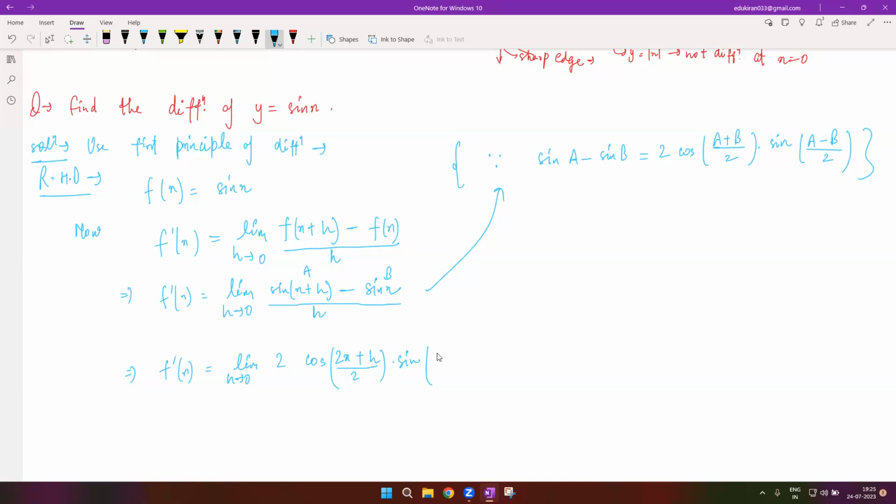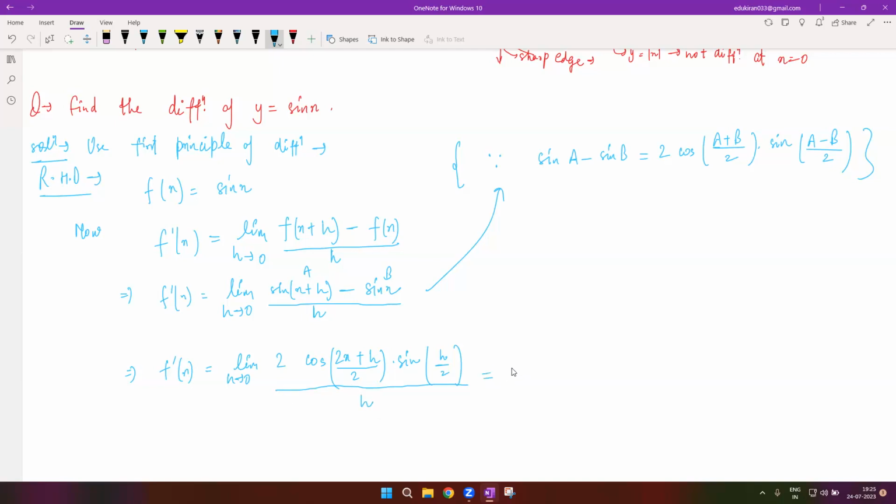So this is sine of (A minus B)/2. A minus B means x plus h minus x, which should be h. So if you subtract x from x plus h, you get h by 2, right? Divided by h.